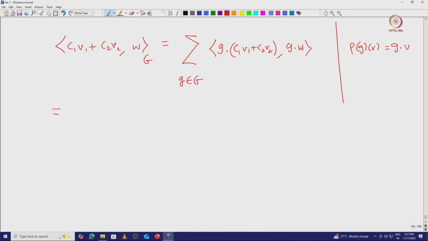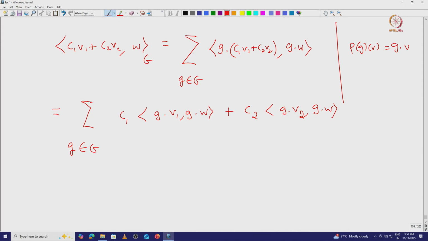Then this is equal to, because the G action is linear, the summation over g in G, where we can take c1 out, g dot v1 comma g dot w, plus c2 times g dot v2 comma g dot w. So, by using the linearity of the standard inner product we get this.